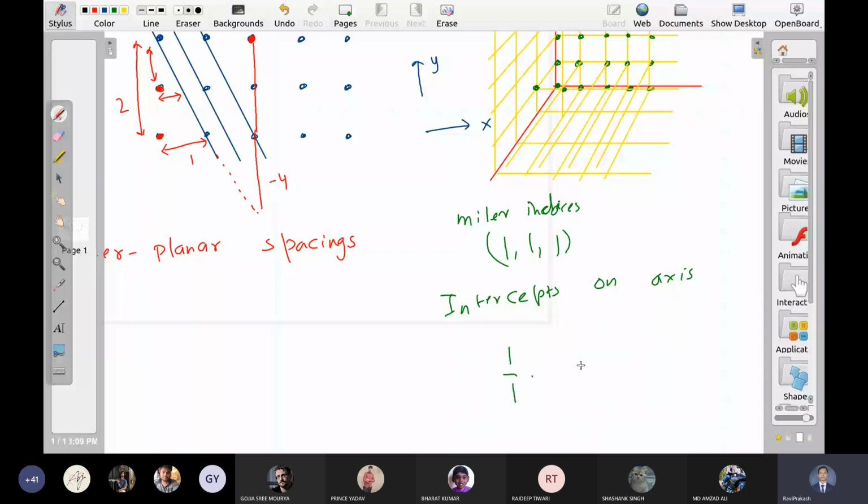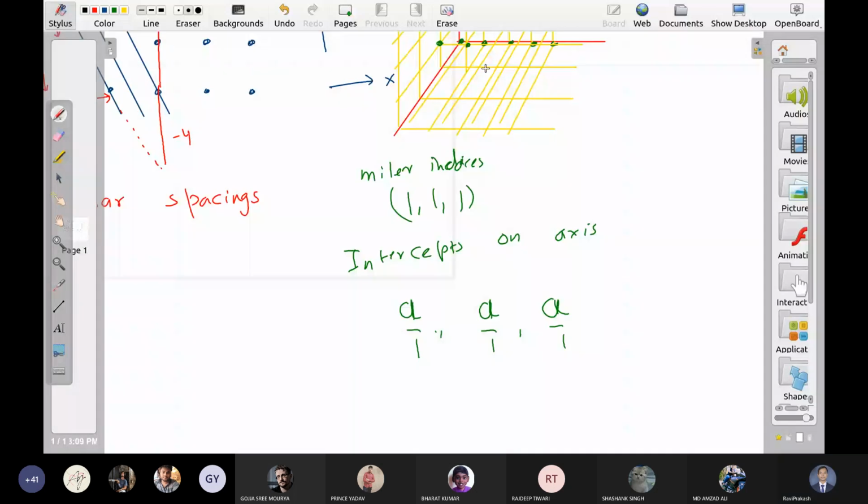Let us say we have a simple cubic lattice. Then what is the length of the unit cell along the x-axis? A. So A into 1. Along the y-axis, it has the same length, A upon 1, A upon 1. So the 111 plane intercepts or cuts the xyz axes at a distance of A from the origin.